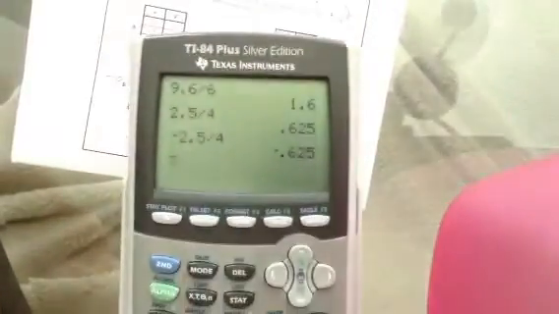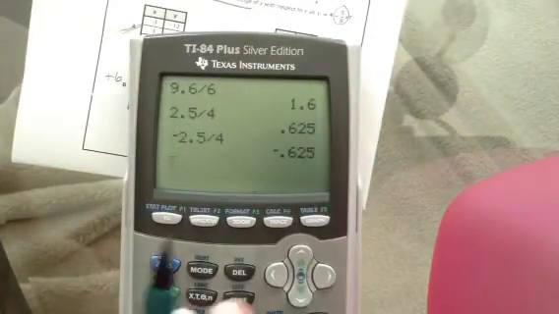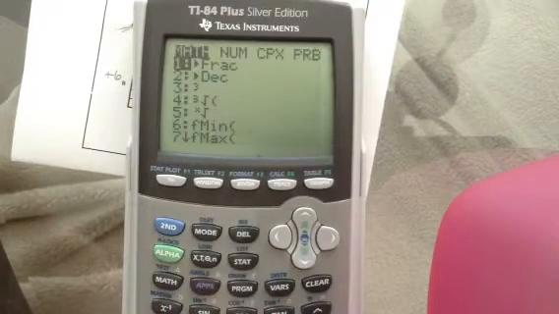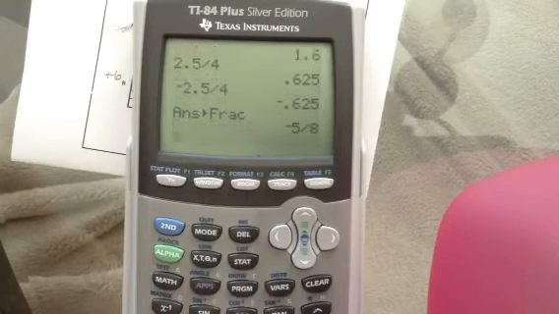And don't forget to change it to a fraction. You can click math, enter, enter, and it's negative 5/8, which is exactly what we're looking for. So if we're doing the slope like this, you only have to do one row. You don't have to find the rate of change in the whole table because it should be the same in the whole table.